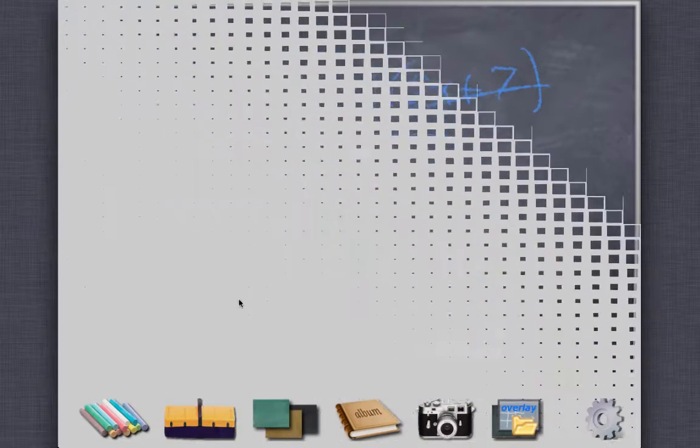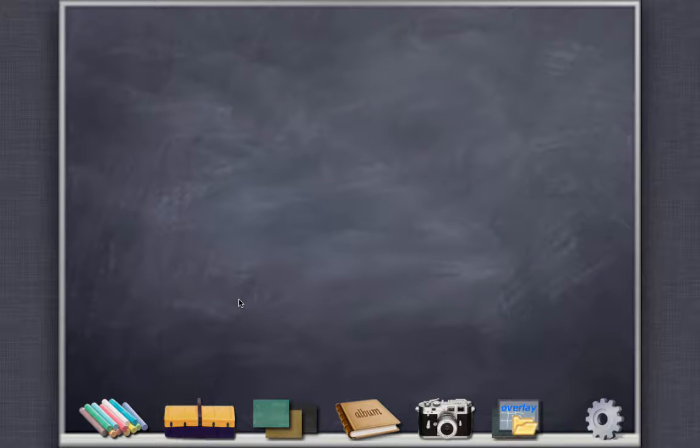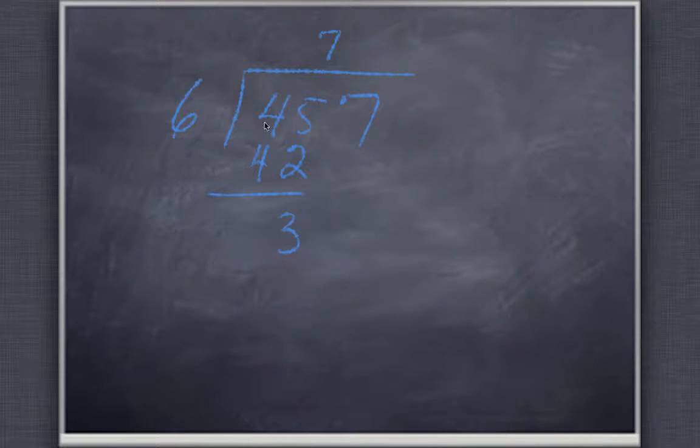Let me first start by talking about long division of numbers. So if I write, say, this, then I come over here and the 6 doesn't go into the 4, but the 45, it goes in 7 times, and then I write down this times this, and then I subtract. Okay, so pay attention to the process because you probably do it automatically now.